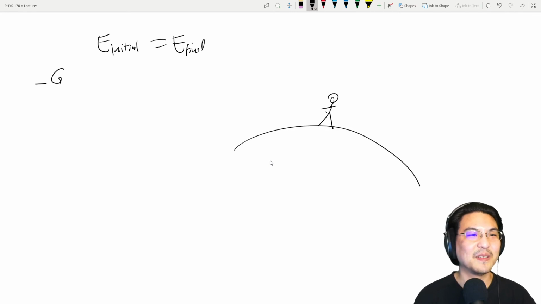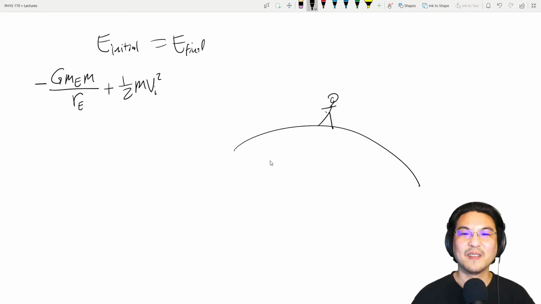Minus G, mass of the Earth, mass of whatever you're throwing, over R, and this will be the radius of the Earth. And then you're throwing it with some initial velocity, I'll just call it v initial. Okay, and then what happens if you throw it?